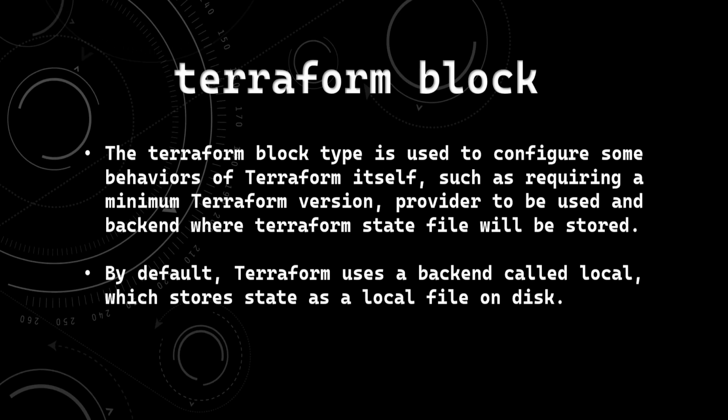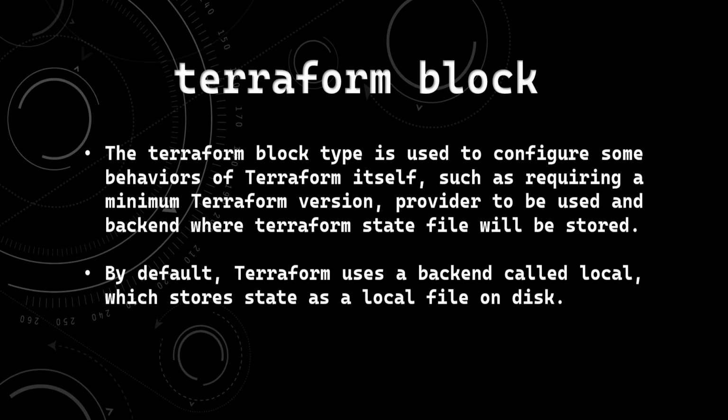See here. So what is the Terraform block? The Terraform block type is used to configure some behaviors of Terraform itself, such as requiring a minimum Terraform version, providers to be used, and the backend where the Terraform state file will be stored. I already showed you in the code that in the Terraform block we have mentioned which version of Terraform will be used and which provider will be used in that configuration file. Means all the behaviors of Terraform will be defined inside the Terraform block.